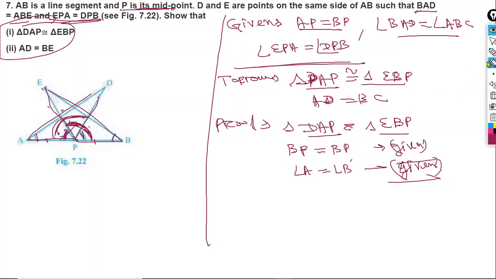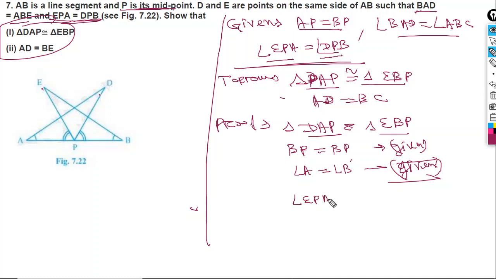So let's clear the figure. Now here it is. We will take angle EPA equal to angle DPB.